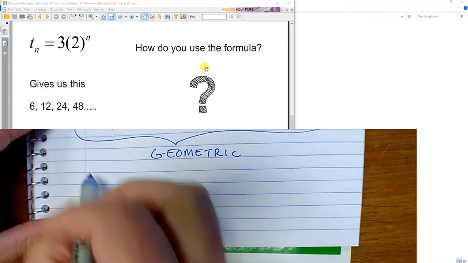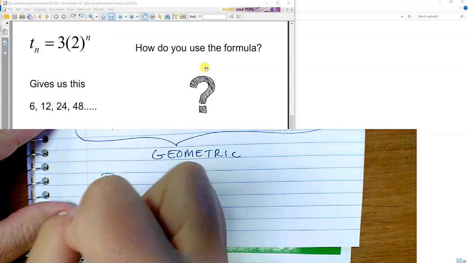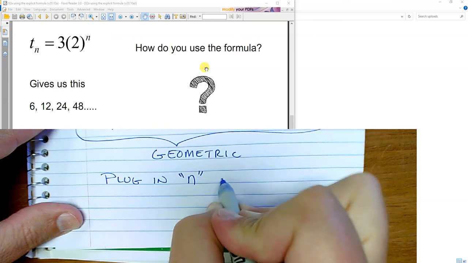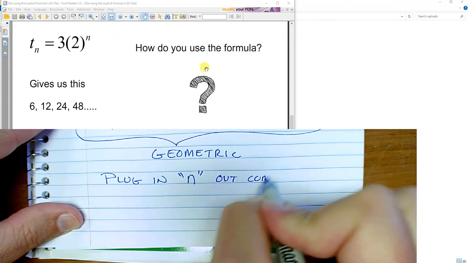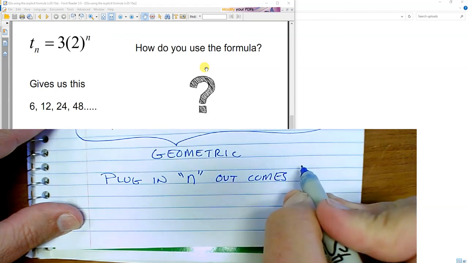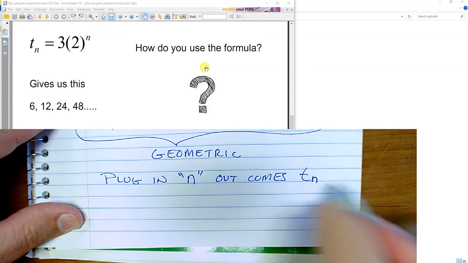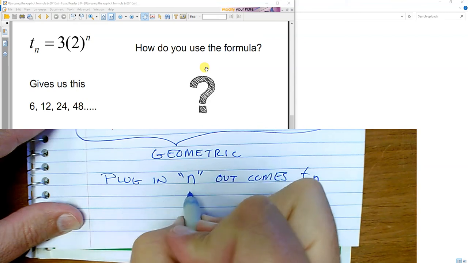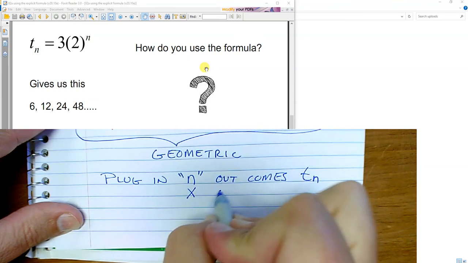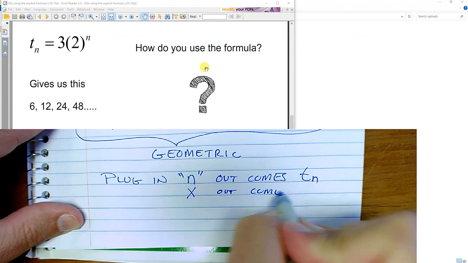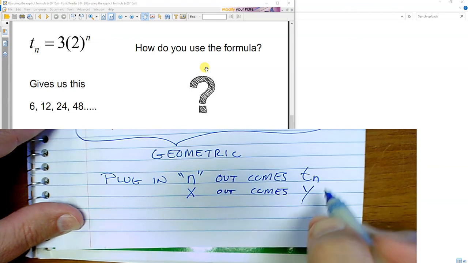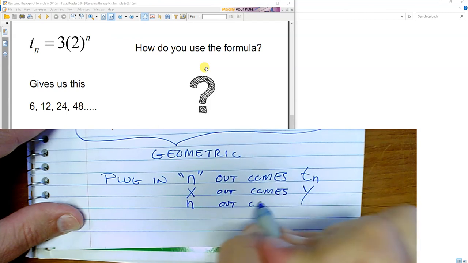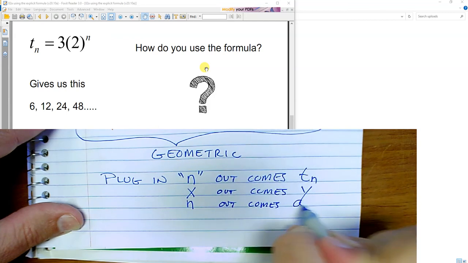So the bottom line is you plug in n's, out comes t sub n. It's kind of like you plug in x, out comes y. You plug in n, out comes, we're going to be seeing also a sub n's.